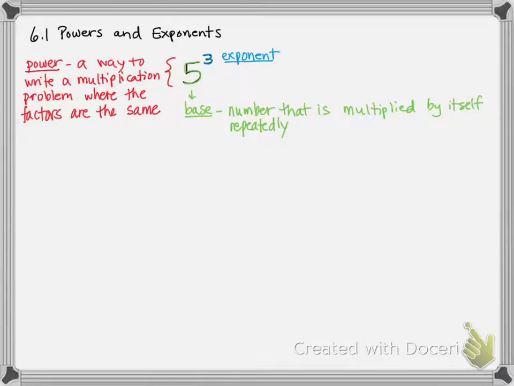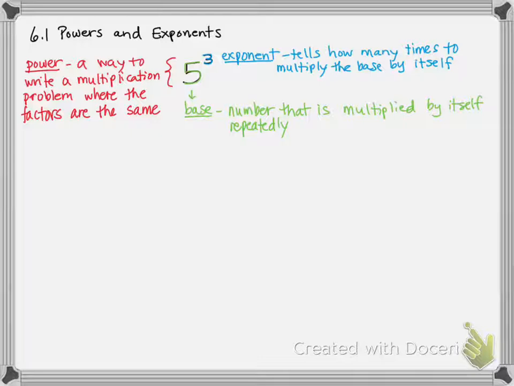So an exponent tells how many times to multiply the base, which is that big 5, by itself.